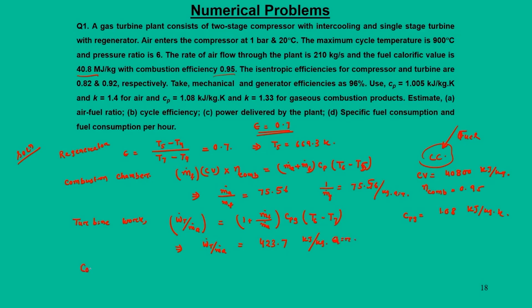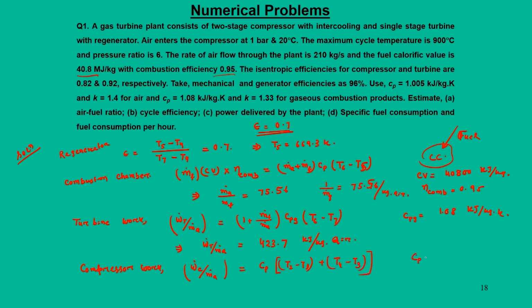Compressor work, so we write W dot C by m dot A. It has two parts, and here it is only air. So, we write Cp into T2 minus T1, that is first stage compression, plus T4 minus T3, second stage compression.